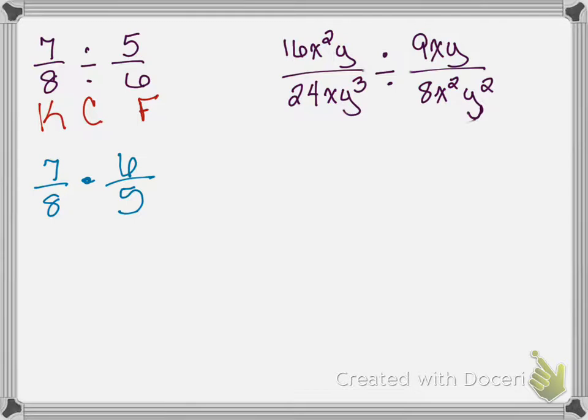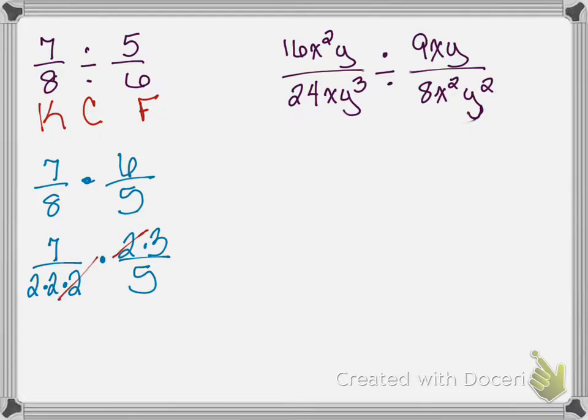So 7 is prime, so I can't do anything. What's 8? And 4 is 2 times 2. So is 2 times 2 times 2 8? Good. What does 6 break down to? 2 and 3. If it's on the top and the bottom, it cancels.